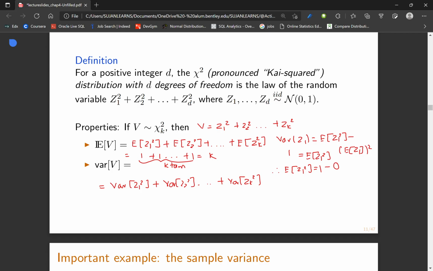Next step is to understand what is the variance of Z1 square. To do that, we need to reuse the formula for variance of a variable.